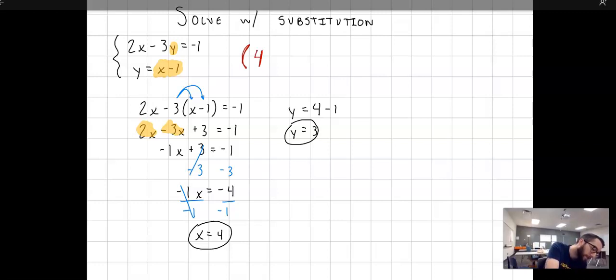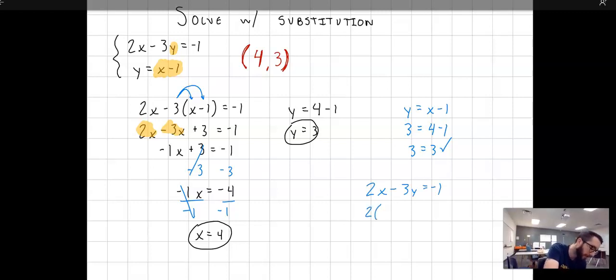And you could totally check this, right? When you check your work, if my answers are 4 and 3, plug them in. That first equation says y equals x minus 1. Well, y is 3 and x is 4, and 4 minus 1 is 3, so I know it works there. For my second equation, it's 2x minus 3y equals negative 1.